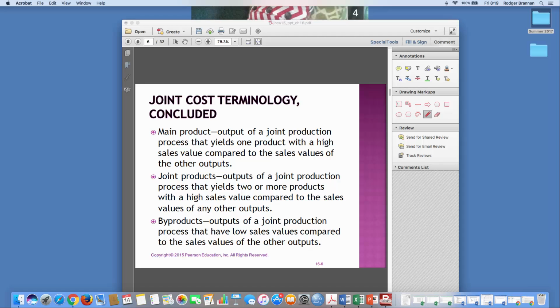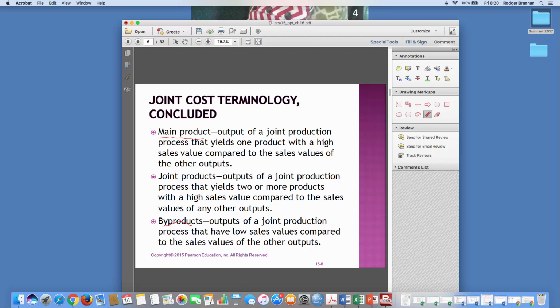A main product is, by definition, something that has a relatively high sales value compared to others. Joint products are all those things which arise at the same time at the split-off point. A byproduct is, by very definition, something that's sort of immaterial in terms of its sales value.